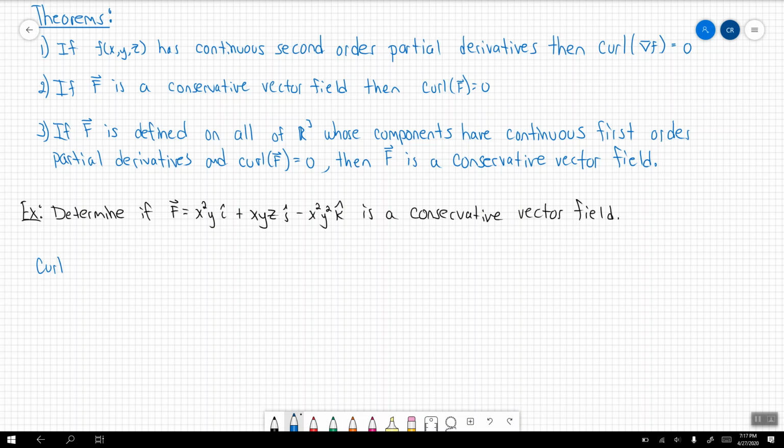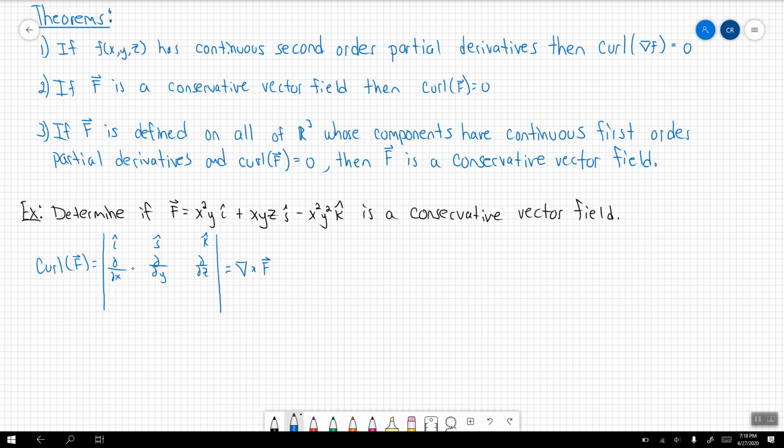So this is one thing that we have to observe. The curl of this vector field. We're going to have an i, a j, and a k component. My first row is going to be partial with respect to x, then partial with respect to y, then partial with respect to z. And again, all of this is because the curl is defined as del cross the vector field.